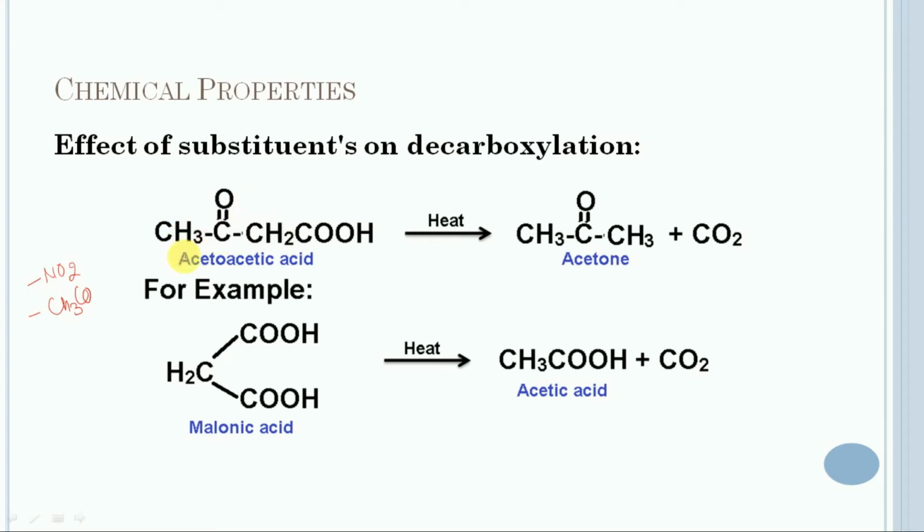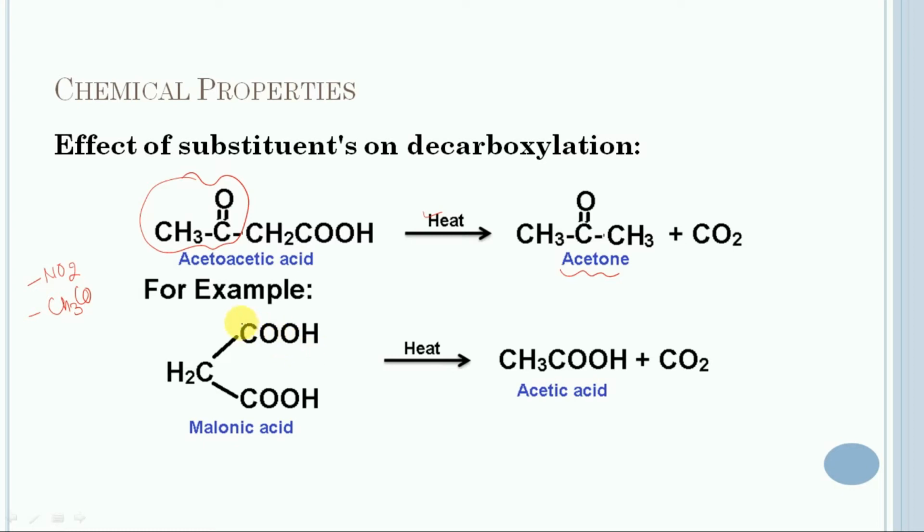So this one is the acetoacetic acid. It will having this acetyl group which will act as electron withdrawing, and in this case the reaction is simply proceed by heating this acetoacetic acid, and in this case acetone will get formed.